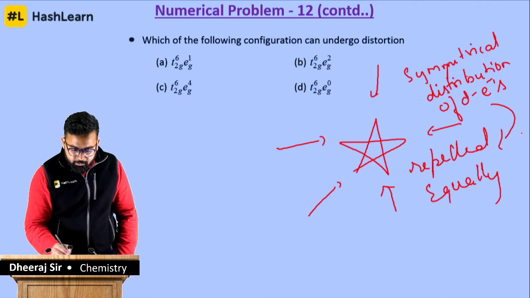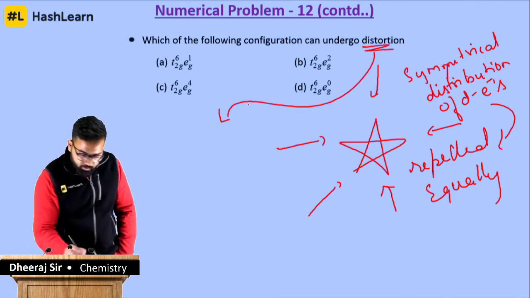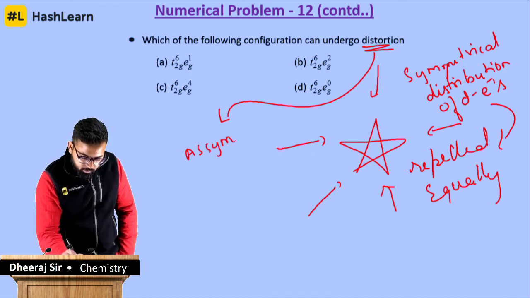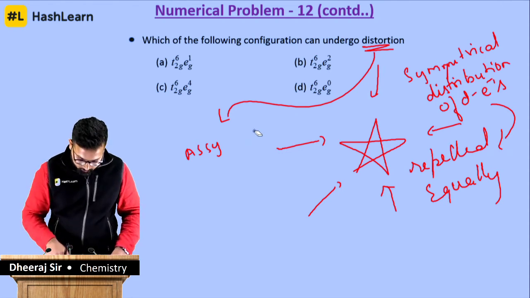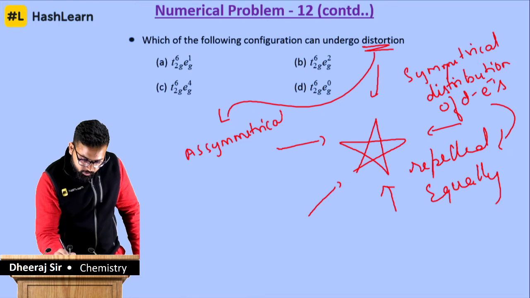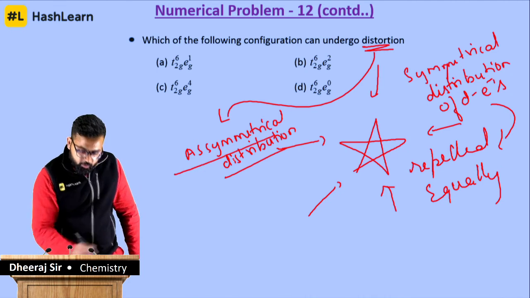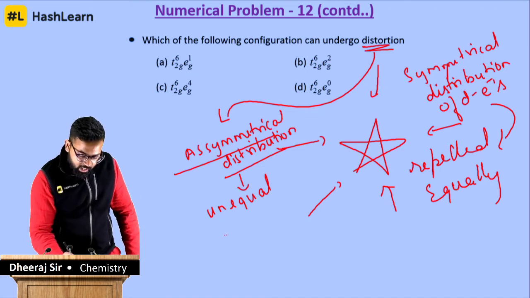Therefore, if you are expecting distortion, it means asymmetrical distribution. And asymmetrical distribution, just like you guys know, leads to unequal distribution as well as unequal repulsion.